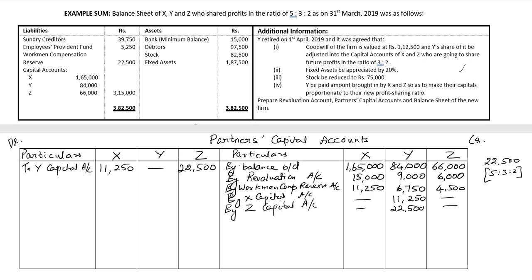Next, we've completed all the entries. We'll do the adjustment of capital as per point 4. We'll begin by paying off Y the amount which is due to him. The credit side is greater.